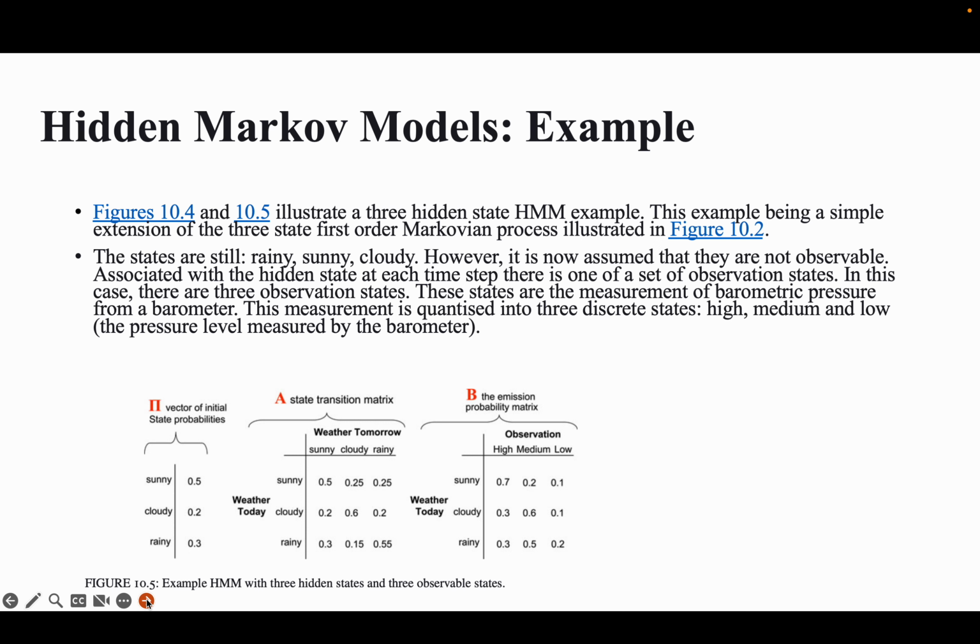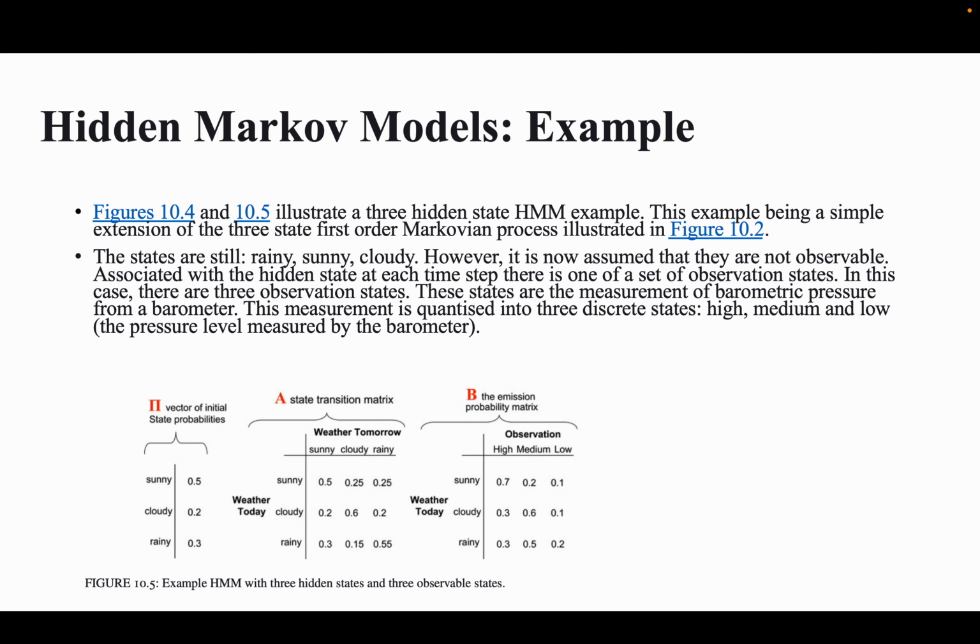So here is an example of what these matrices look like. We're going to illustrate a 3 hidden state Markov model example. The example is pretty much an extension of what we saw. We still have our sunny, rainy, and cloudy. And today we're going to say there's a 50% chance that it's sunny, a 20% chance that it's cloudy, and a 30% chance that it's rainy.